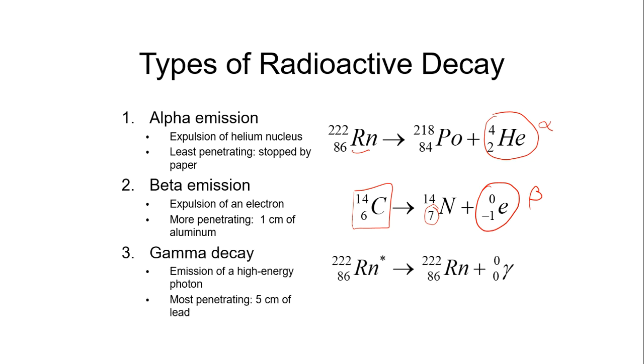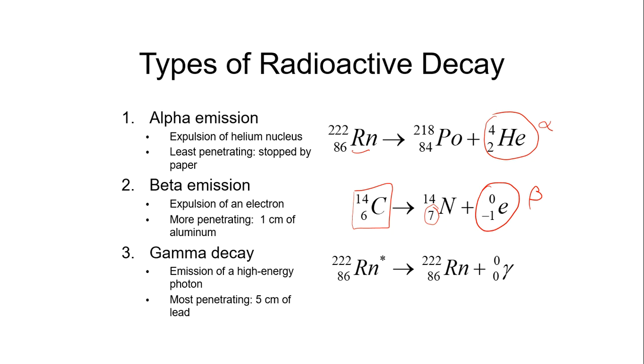The third type of radioactive decay is gamma decay. This is the emission of high energy photons. Now, notice that the nucleus itself does not change. You start off with radon, it stays as radon. Atomic number, mass number all stay the same.